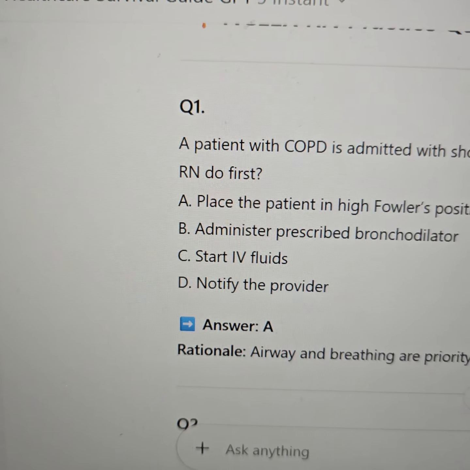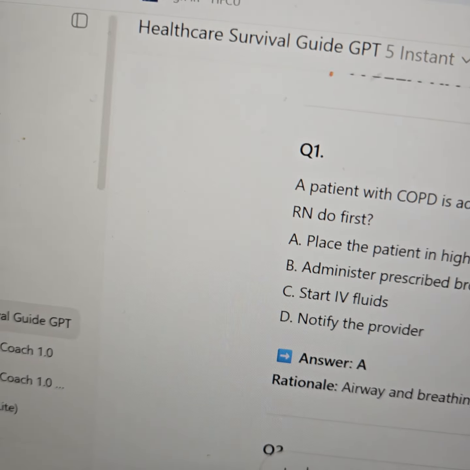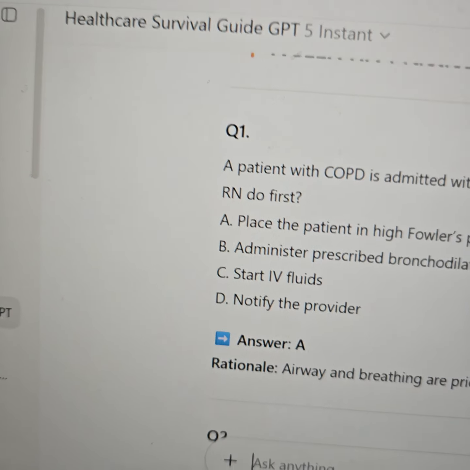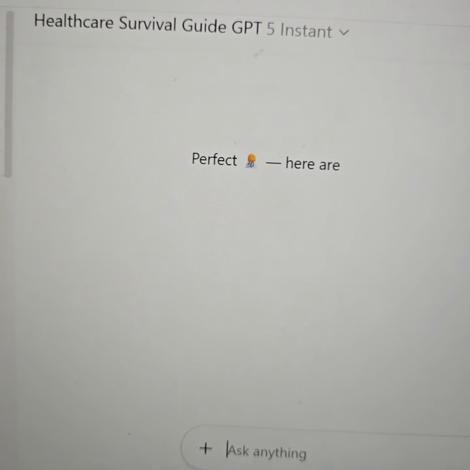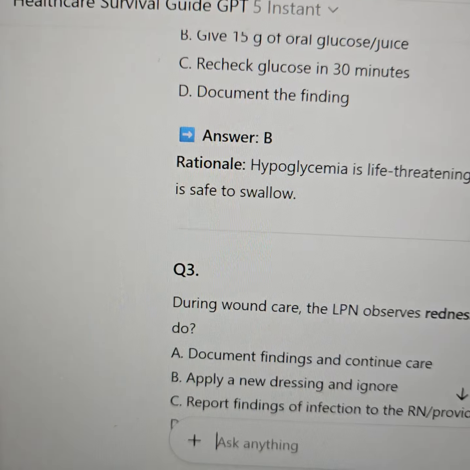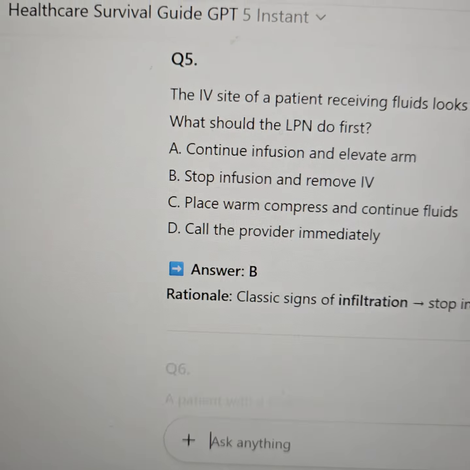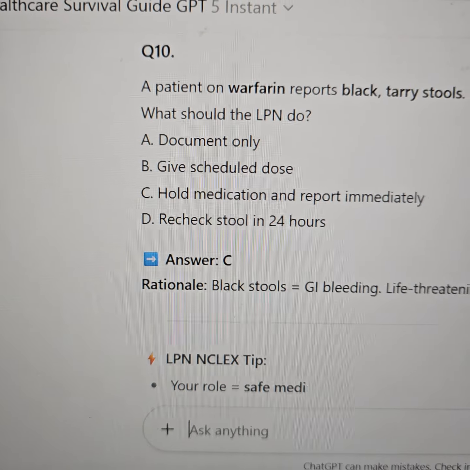A patient with COPD admitted with shortness of breath. Which intervention should an RN do first? Of course, it has LPN as well. It has NCLEX PN questions. So don't just think that it's just tailored to RN. No, it's LPN too, right? So here are your practice questions.